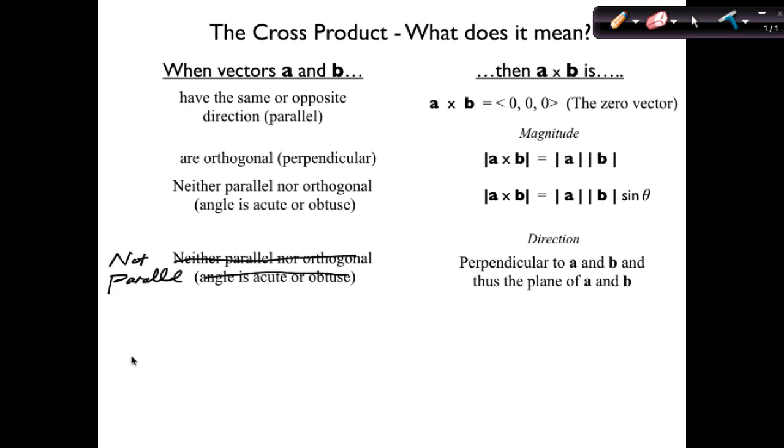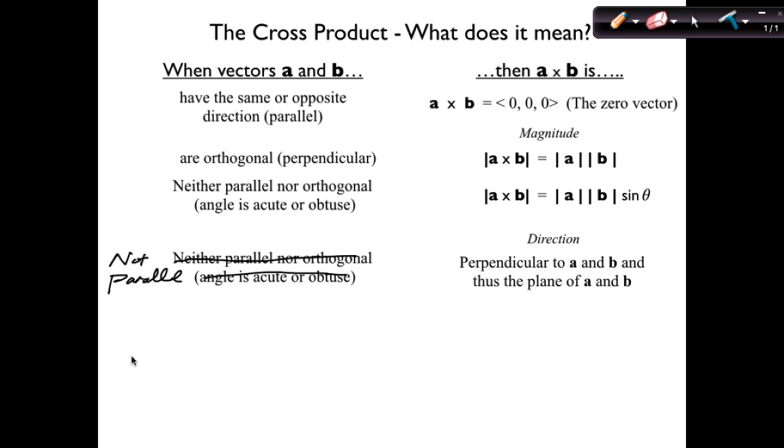Talking about the direction, if they're parallel, then the cross product is the 0 vector, so there's no direction to that. It's just like a point. So when they're not parallel, the direction of the resulting vector is perpendicular to the plane formed by both vectors, and therefore perpendicular to both individual vectors that you started with.